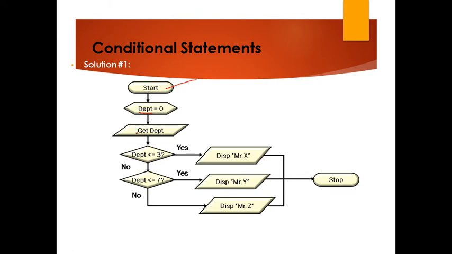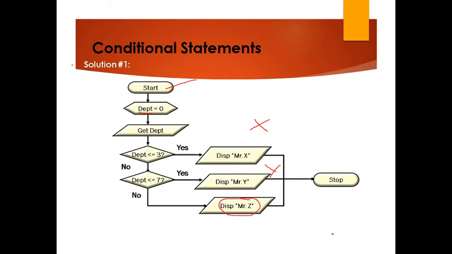This time, we get input from the user by using an input block, then get DEPT. If the user inputted 2, it will be here, right? Then if yes, it will display X. If the user inputted 4, it will display Y. If the user inputted 10, of course, it's invalid.